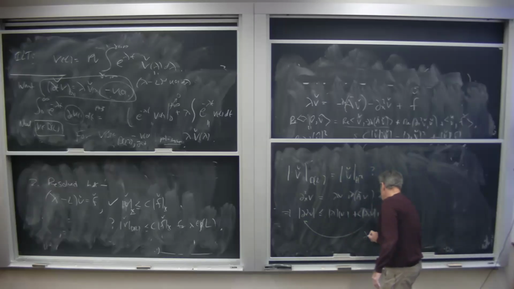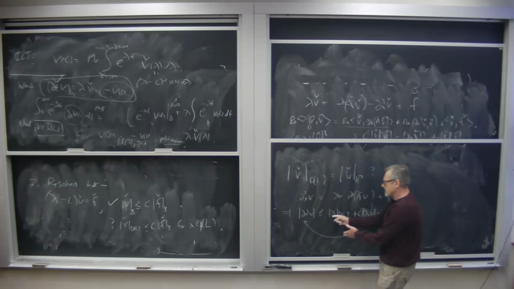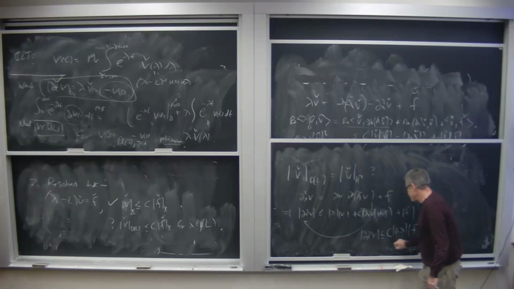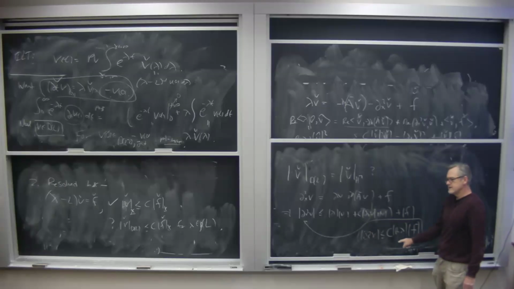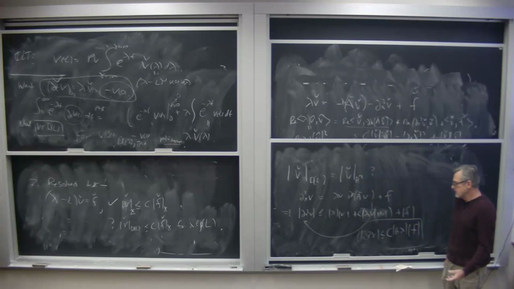I get dx squared v is less than or equal to a big constant times the imaginary part of lambda, because the real part is being held fixed here, so let me not worry about that, and then times F. So this is the kind of bound you get in D of L, and you can upgrade by differentiating the equation and repeating to get to D of L squared.